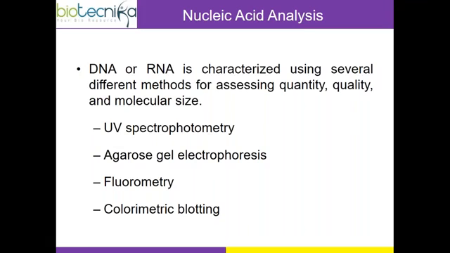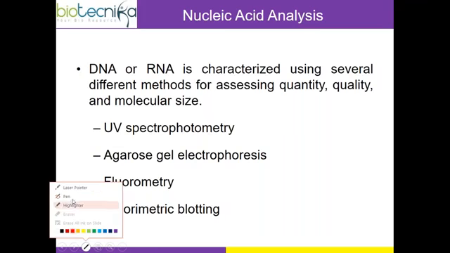Quantitatively means I am going to tell you the concentration, microgram per ml. Qualitatively means is the DNA intact or not, is there any degradation or not. So this is what I am going to do, analysis of nucleic acid for qualitative and then quantitative analysis. Clear?